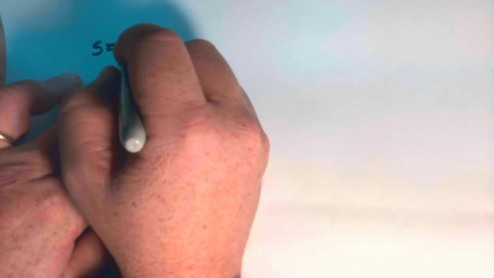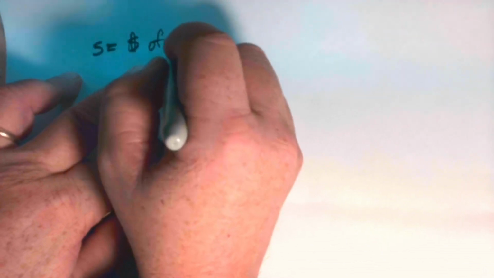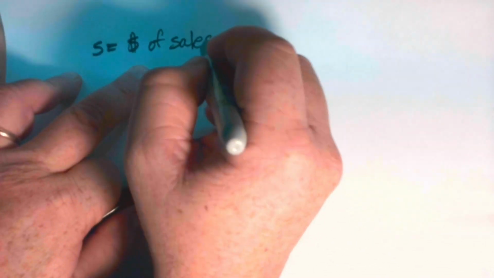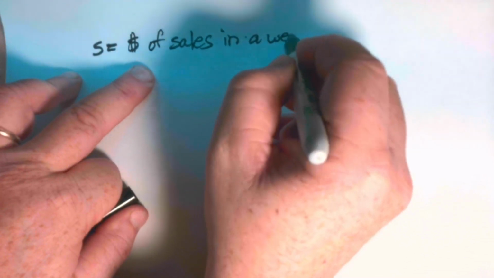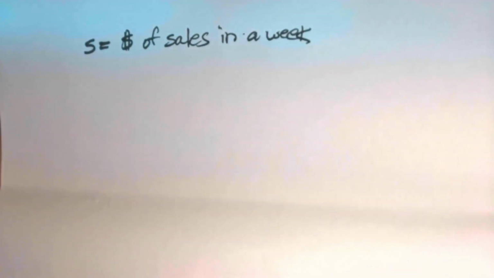So in my work here, I'm going to say S is going to represent the amount of sales in a week. Okay, so S is going to be the amount of money that I generate in sales.